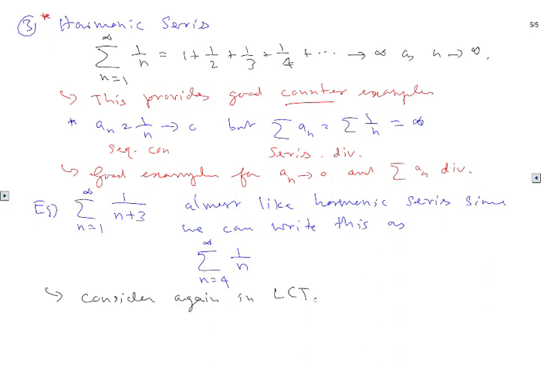When you look at it, the limit is 1. Limit 1 means they behave the same, but one diverges, so the other one has to diverge. So we're going to come back to this problem later.